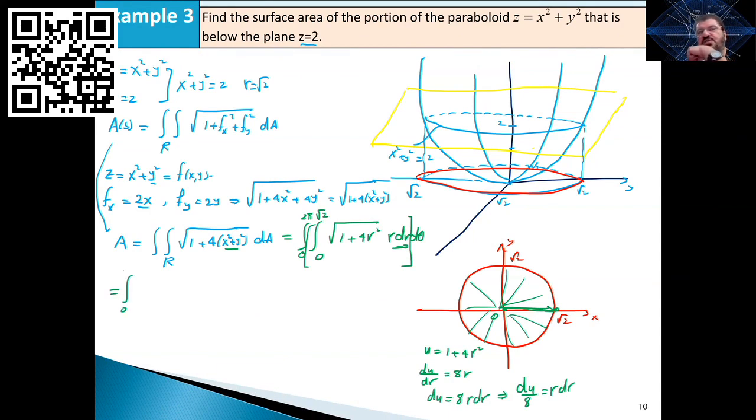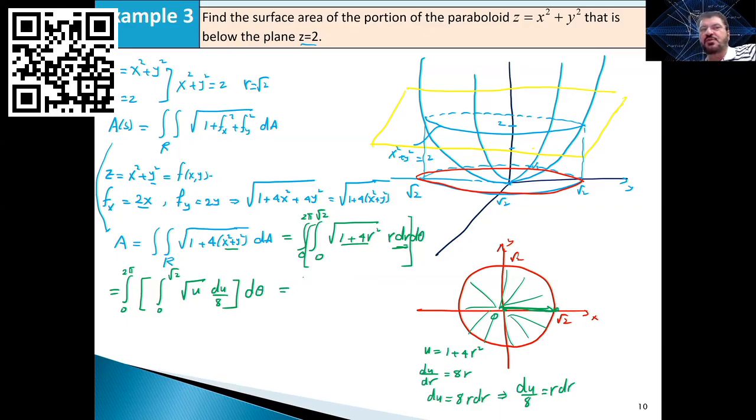So this is equal now to the integration from 0 to 2 pi. Then open the box. It's the integration from 0 to square root of 2 of what? I called this one u, so it's going to be the square root of u, and r dr is du over 8. So du over 8 d theta.